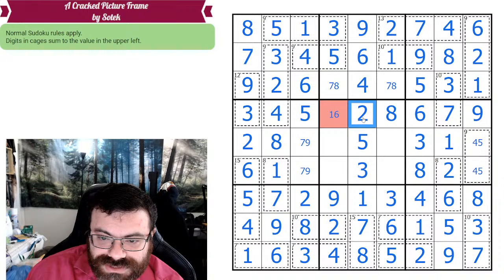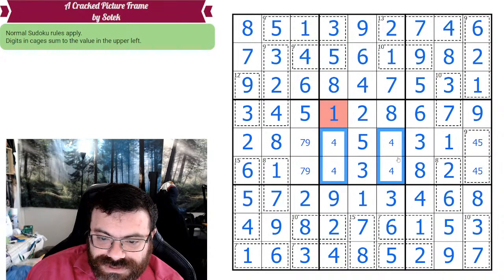Oh, 1 sees up. That's a 2. 7 and 8. So now 7. Okay, so we need a 1. 1 goes here. So the bet sells a 1.